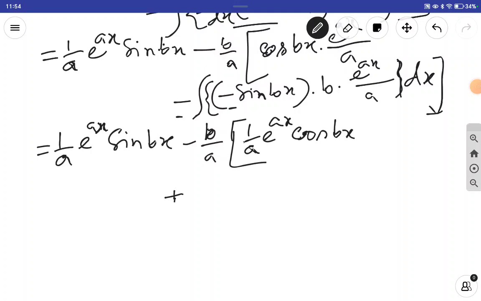This minus and this minus multiply and it's becoming plus. So this plus, and next b by a integration e to the power ax sin bx.